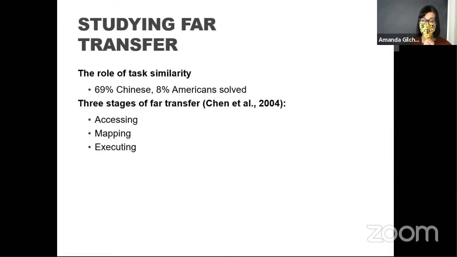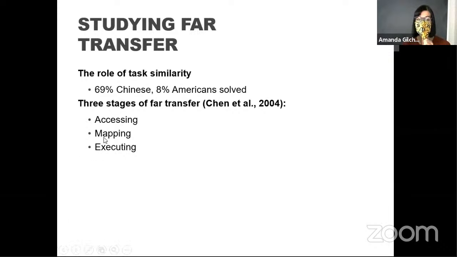And so based on this, Chen basically said that there are 3 different stages of far transfer. What you have to be able to do is recognize that there is a similar story somewhere. So we have what's referred to as accessing. In this example, accessing is basically being able to remember and access a previous task that has that similarity in terms of the problem structure.